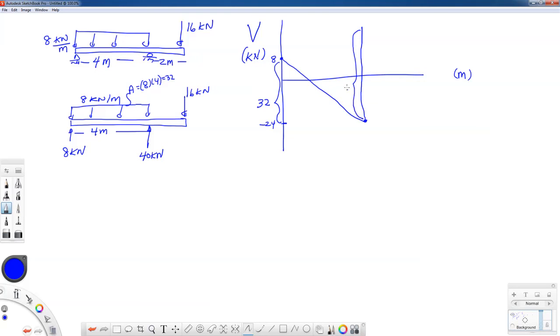Okay, so this whole thing is 40 units. That puts me at plus 16. And there's nothing happening in between the end of this load and this roller and the end of the beam. So it just comes along, and there I have 16 kilonewtons, which is a positive internal shearing force. So I stop at 16.